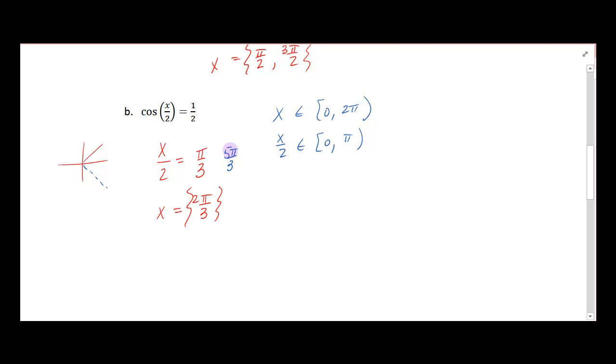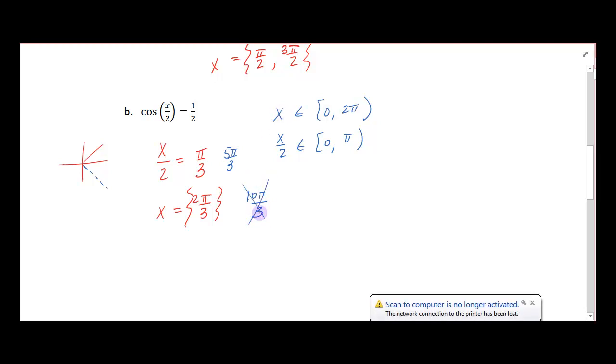Well, if I multiplied 5 pi over 3 by 2, because I'm now solving for x, I would end up with 10 pi over 3. And 10 pi over 3 is all the way around plus more. 10 pi over 3 is not on the interval between 0 and 2 pi, which is the criteria for x. So if for some reason I don't catch it when I've done the half angle interval, I should catch it when I do the full angle over here.